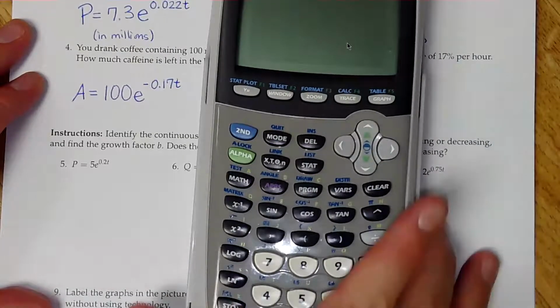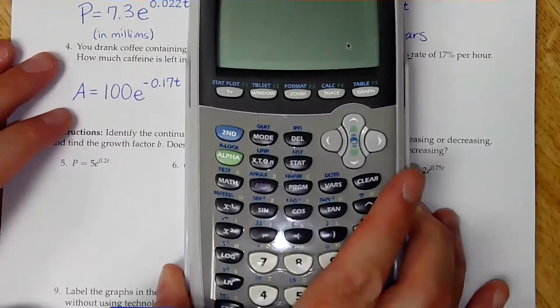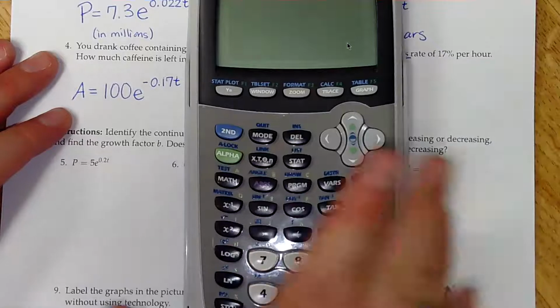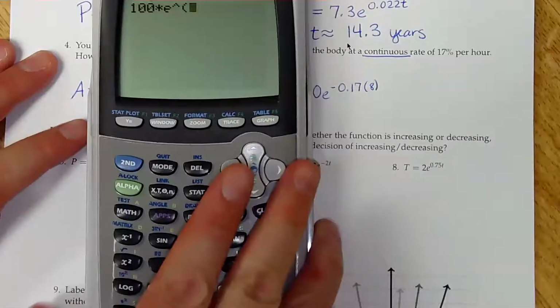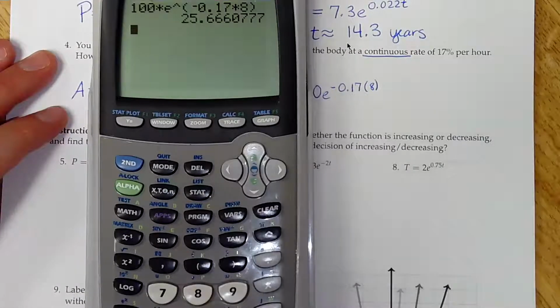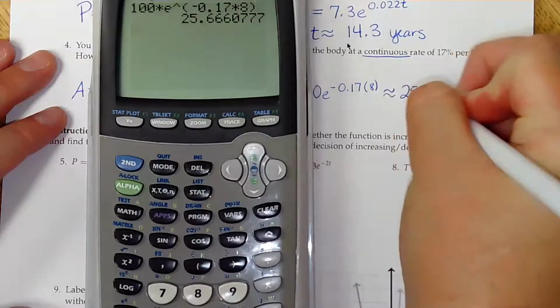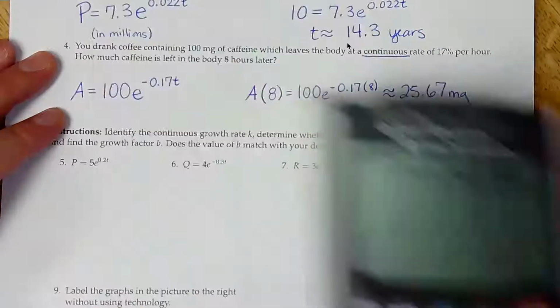It's a little bit hard to see on here, but that is an e^x just above there. So we get the e, and then we're doing negative 0.17 times 8. That gives us about 25.67 milligrams of caffeine left in the body.